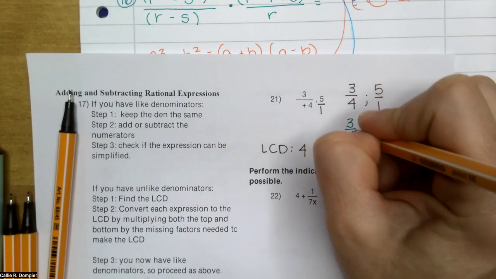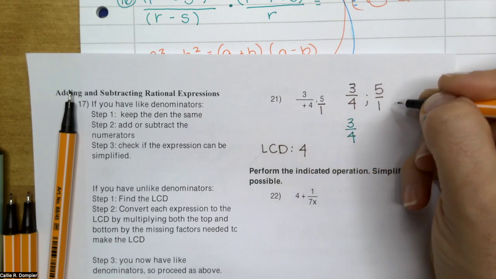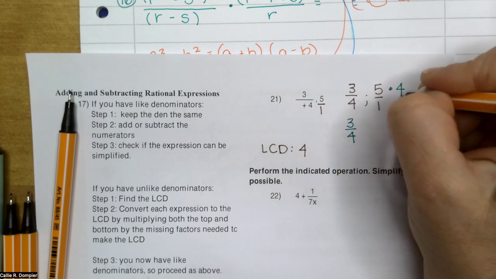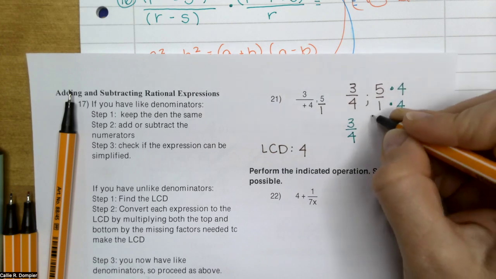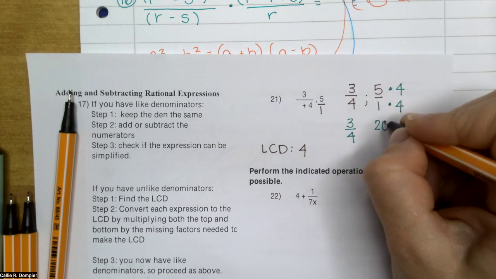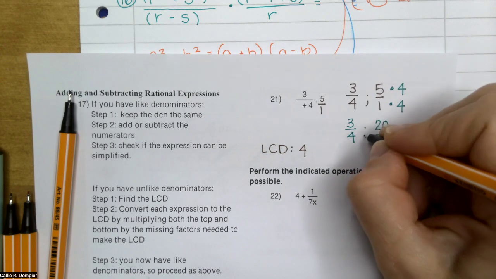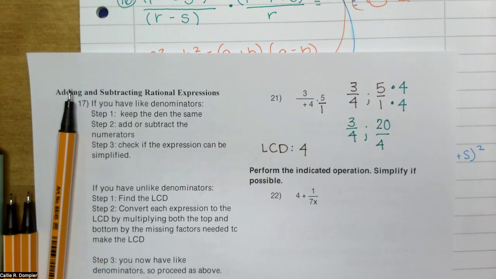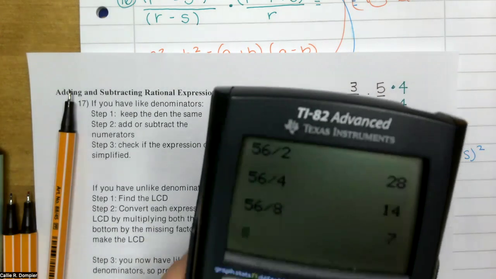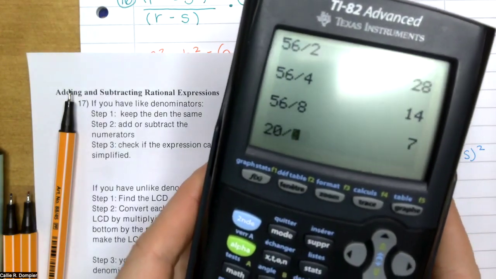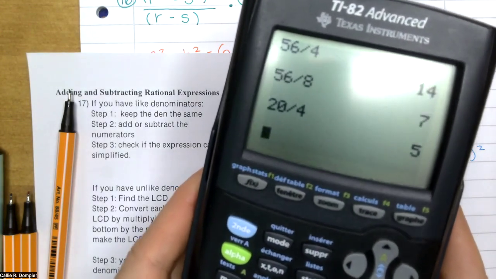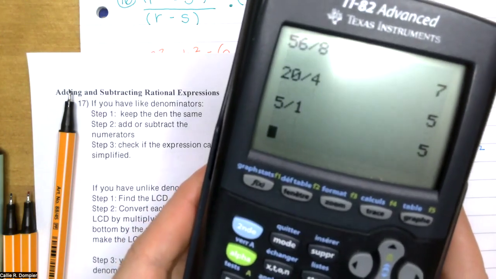It'll just be 3/4. And for 5/1, you just multiply both the top and the bottom by 4. 5 times 4 becomes 20/4. And this is true because 20/4 is the same as 5, and 5/1 is also the same as 5.